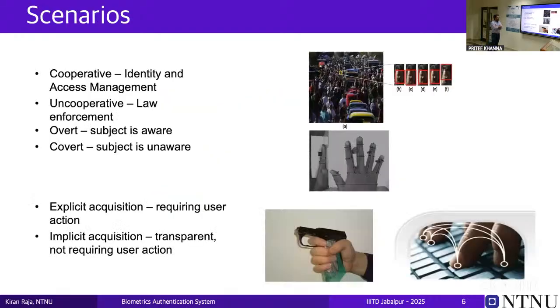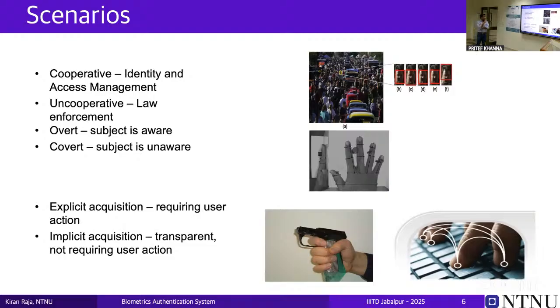And while we are implementing this authentication, we should also be a bit more aware of other aspects, such as identity and access management. So if you want to cross a border, you're going to be cooperative with the border guard. And then there is also the uncooperative case, where you're trying to monitor a particular area or location.